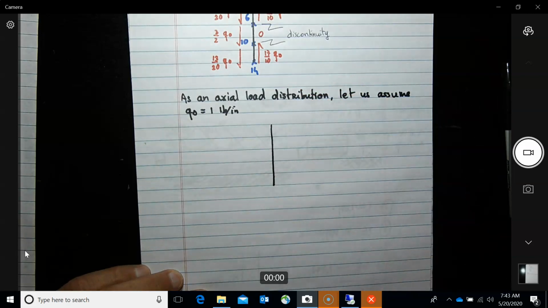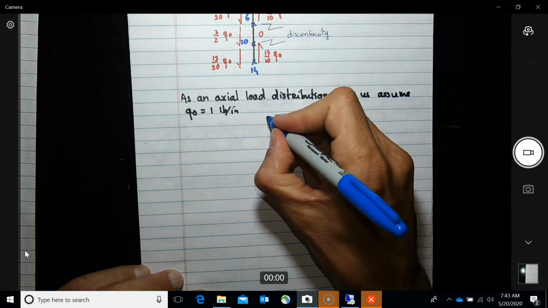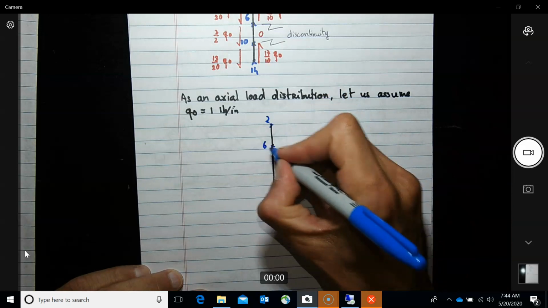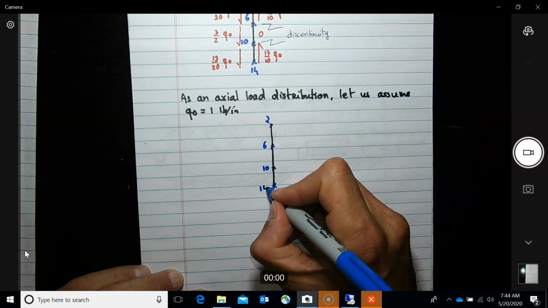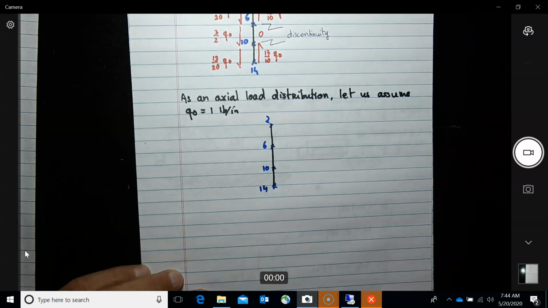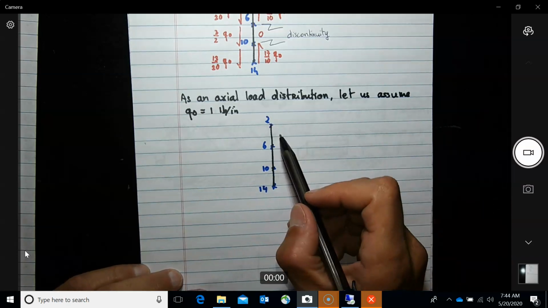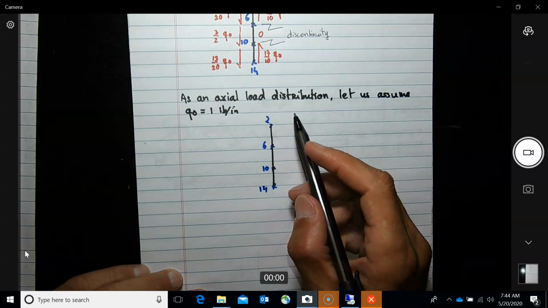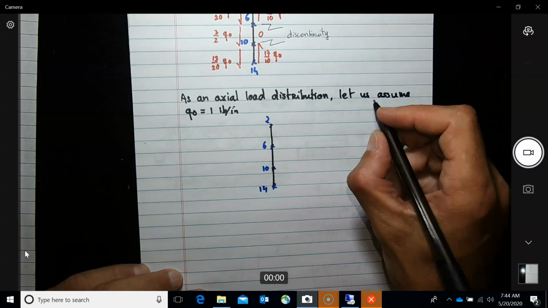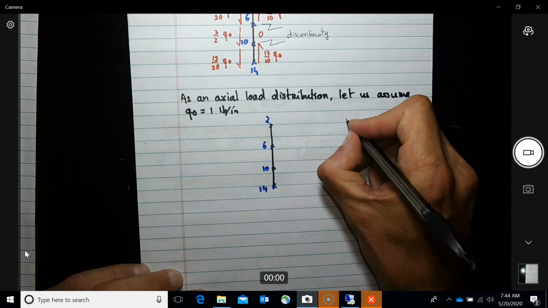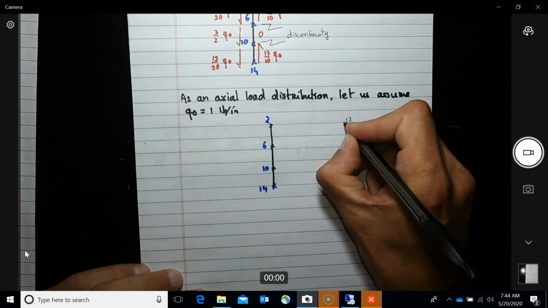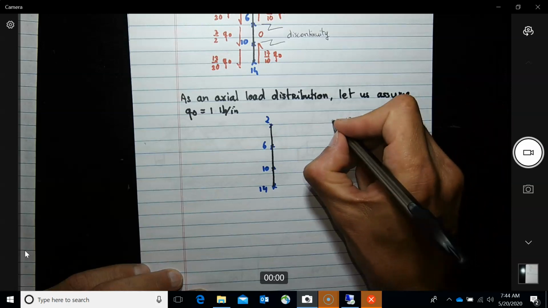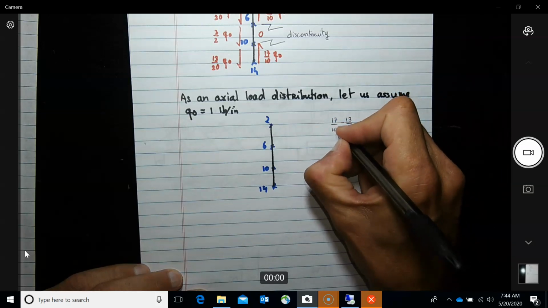So we do this one here, we'll have 2, 6, 10, 14. On this section, what will we have? Let's say positive, we'll have 13, so minus, so 17 over 10.